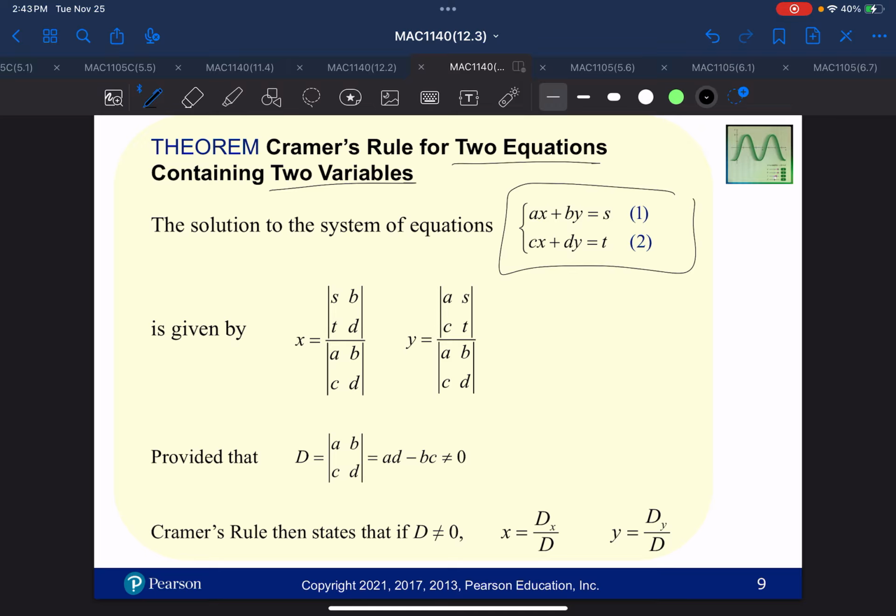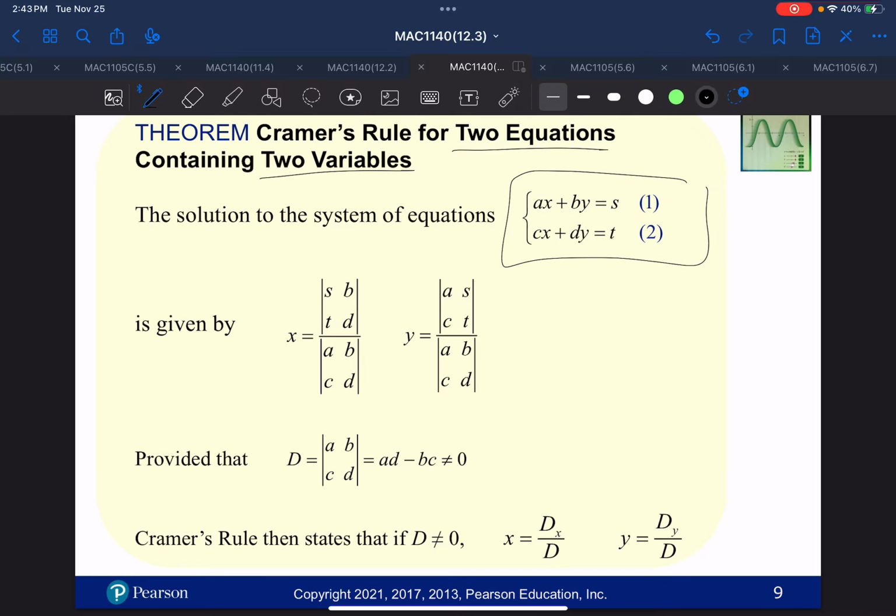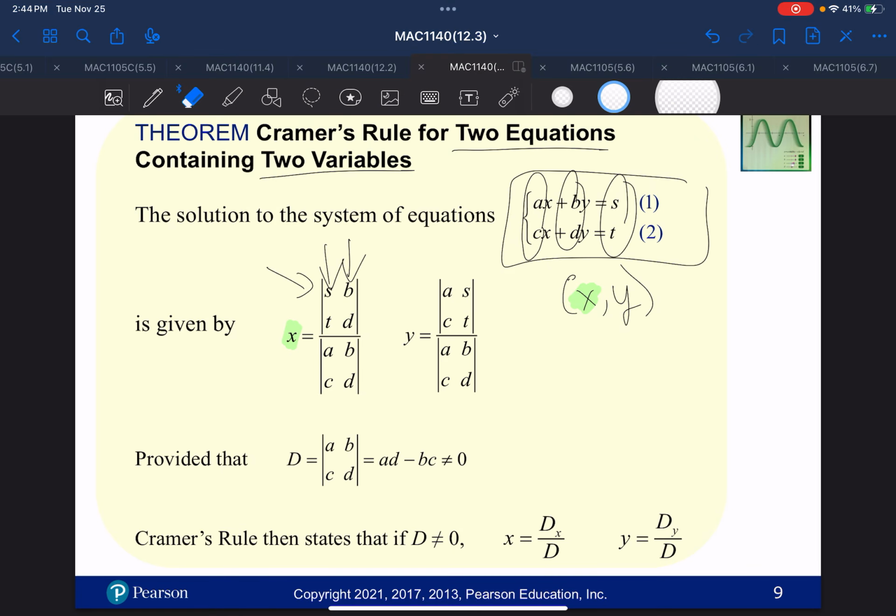Okay, so what this says is that the solution to this system, if you remember again, is an ordered pair, x comma y. So for the x coordinate, this is equal to the determinant of this matrix here, which is S, B, T, D, and if you notice, they are replacing the coefficients for the x terms by S, T here, and then they have B, D. Okay, I'm going to explain that a little bit more too.